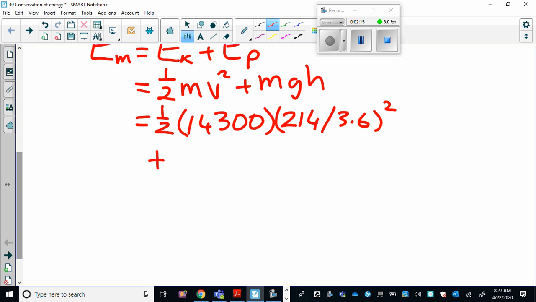Oh, we're going to run out of space, so mg. Note that it's just a positive 9.81 because energy is a scalar quantity, so I don't want to put the negative in there. If I put the negative in there, I'm going to get the incorrect answer.